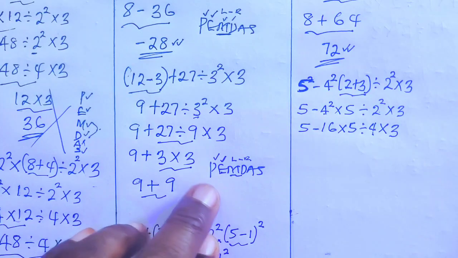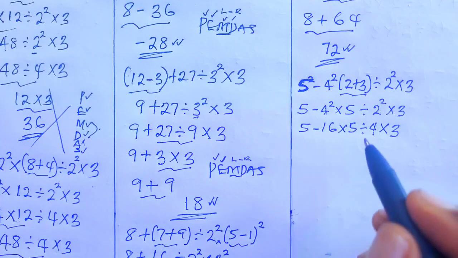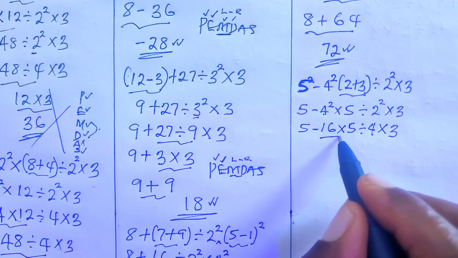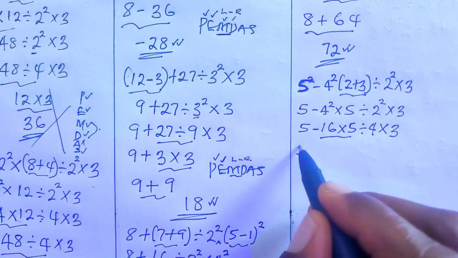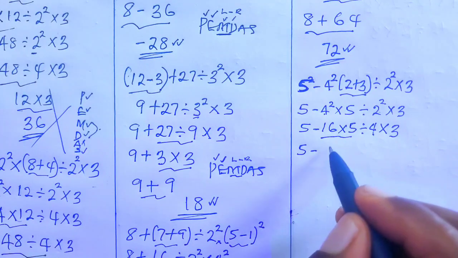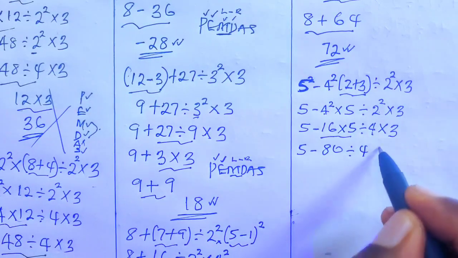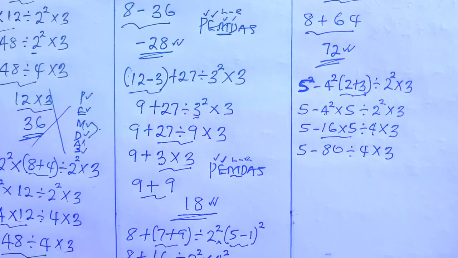And right here, following this order of operation, we are going to consider multiplication first. The expression becomes 5 minus 16 times 5, that will give us 80, then divided by 4, then multiplied by 3.